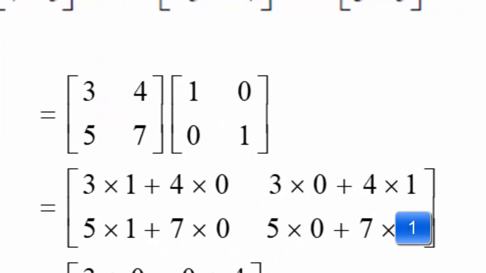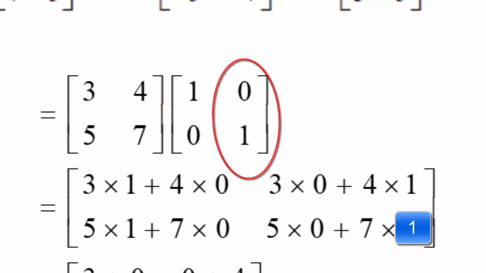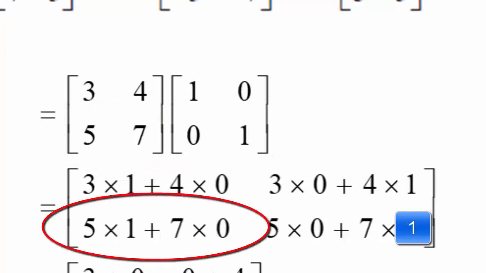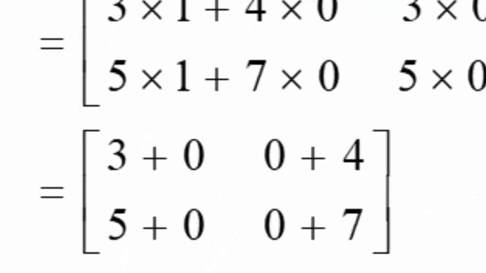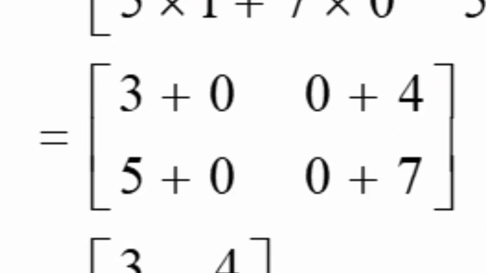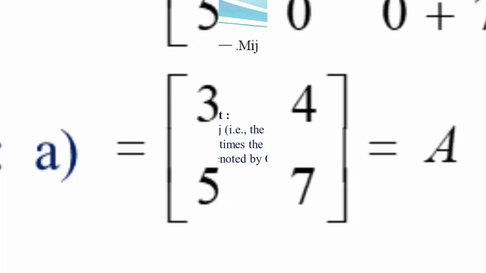Now, we follow the same procedure for the second row of the first matrix and the corresponding elements of the two columns of the second matrix. So, we have 5 into 1 plus 7 into 0, and 5 into 0 plus 7 into 1. So, your answer is 3 plus 0, 0 plus 4, 5 plus 0, 0 plus 7, which is equal to 3, 4, 5, 7, that is the matrix A itself. So, the option A is right.